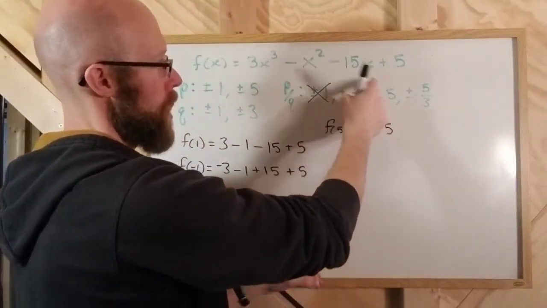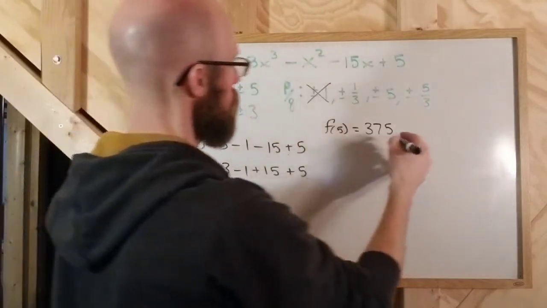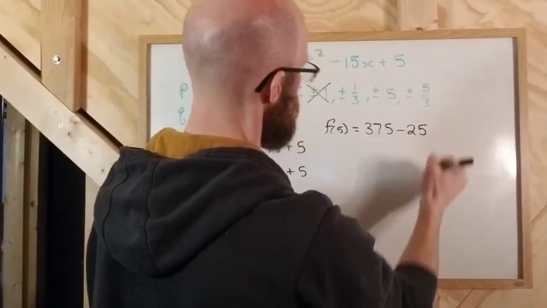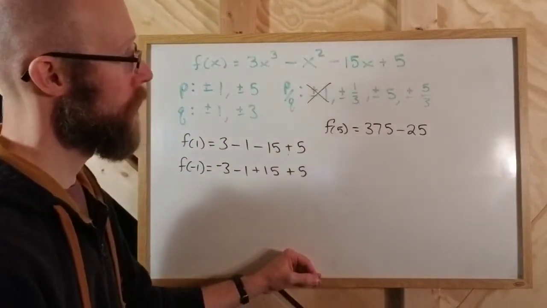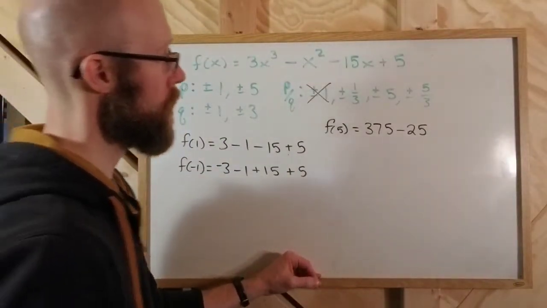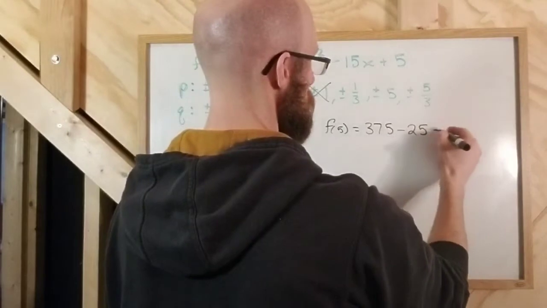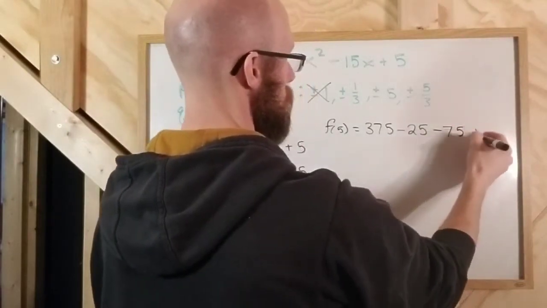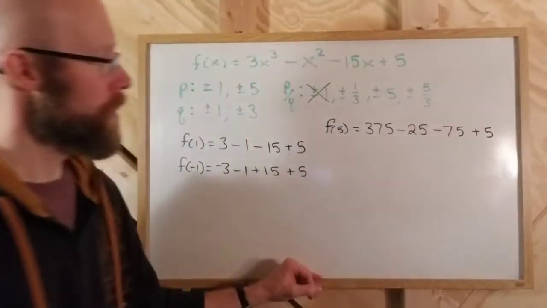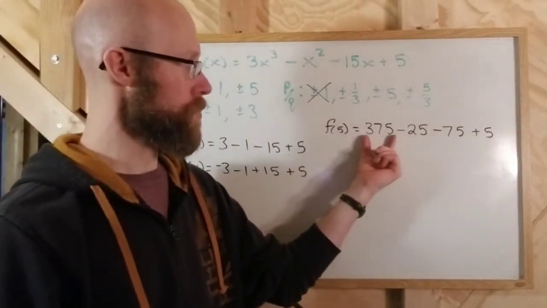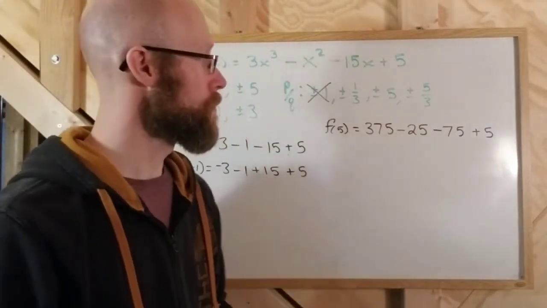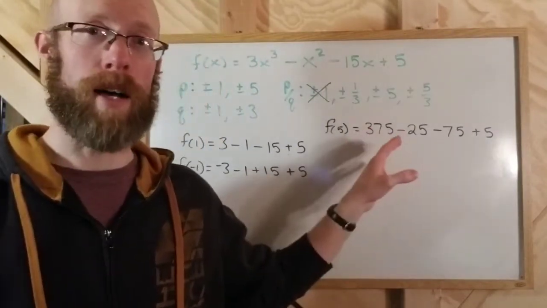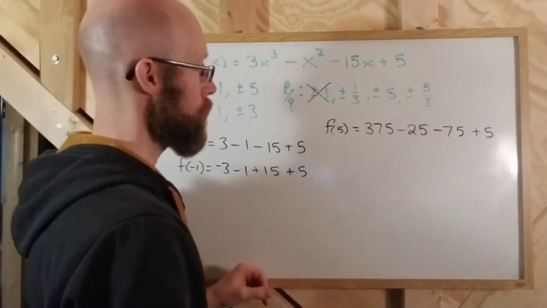Again, I'm working with a positive 5, so positive 5 squared is 25, so minus 25. 15 times 5 is 75, so that's a minus 75, and then a plus 5 on the end. Well, here I can clearly see that the 375 is bigger than my negatives combined, which equal 100, so definitely the positives outweigh the negatives, and that won't work.